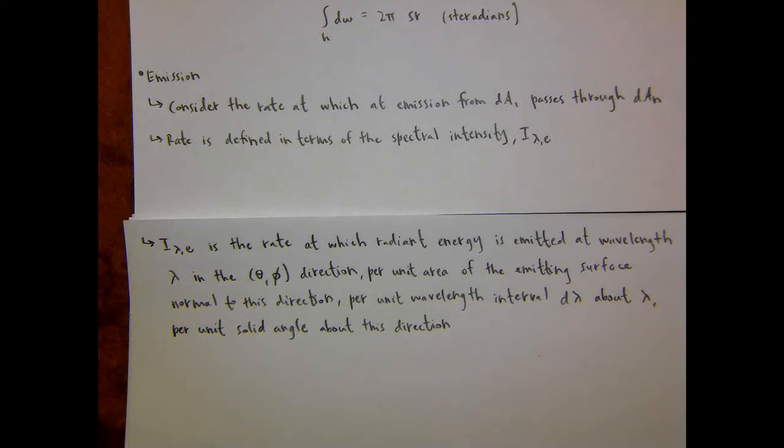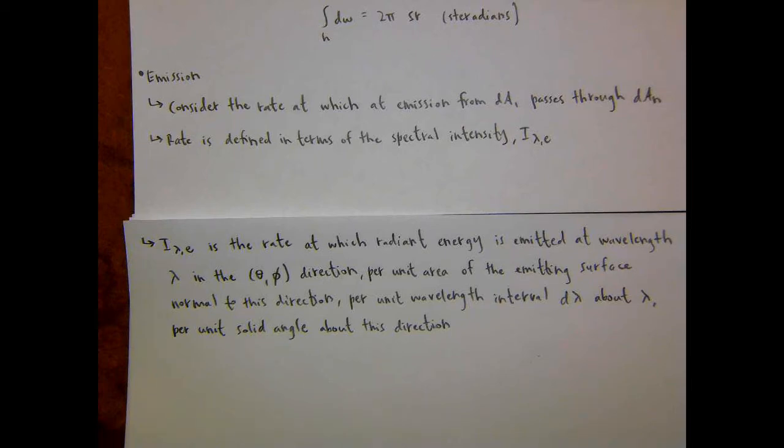And this per unit wavelength interval and per unit solid angle comes about because we have to integrate up over all of the wavelengths in all of the directions. And so to do that, you basically add up across all of the wavelengths. If you're doing that discretely, you could bin all the wavelengths up and add up across all of these.